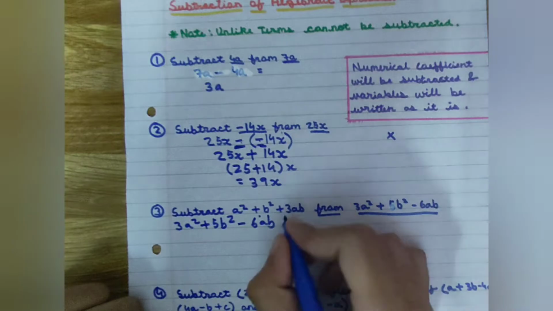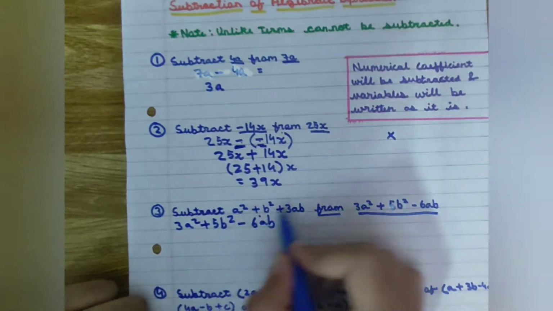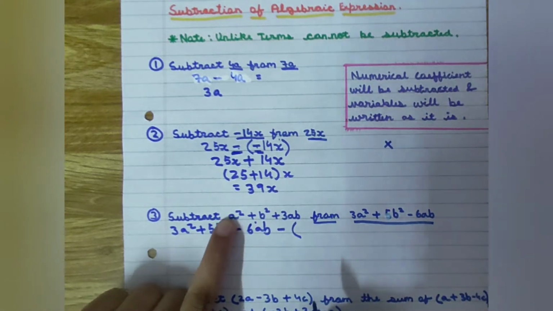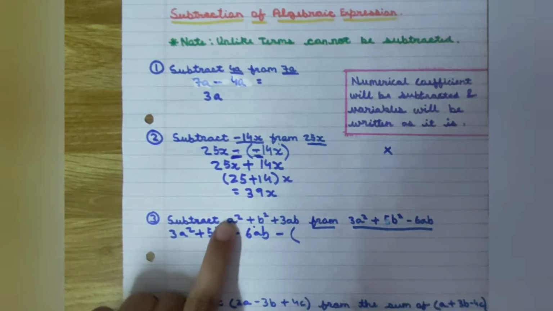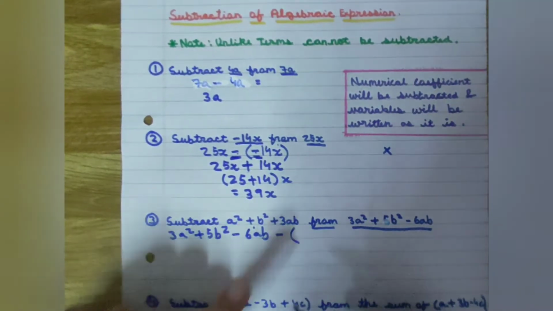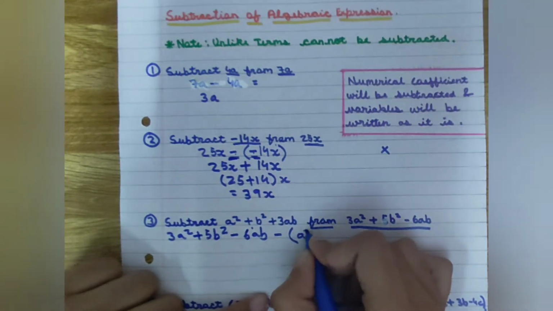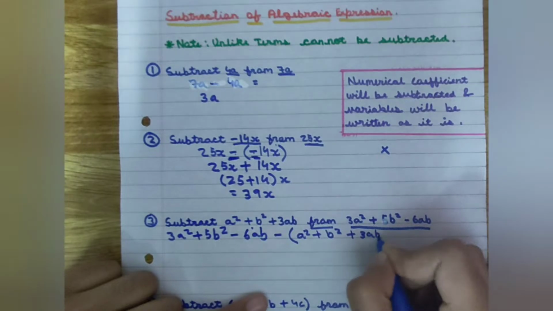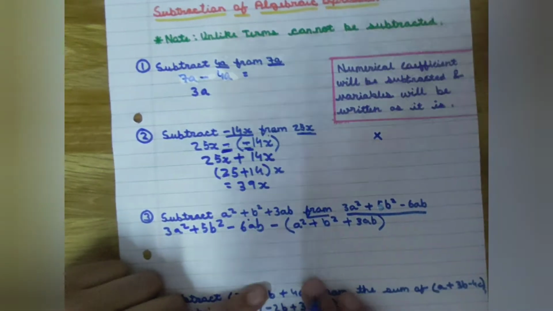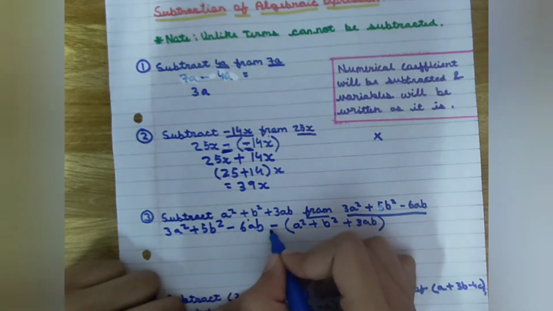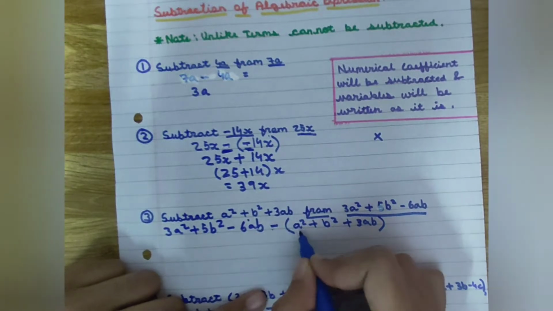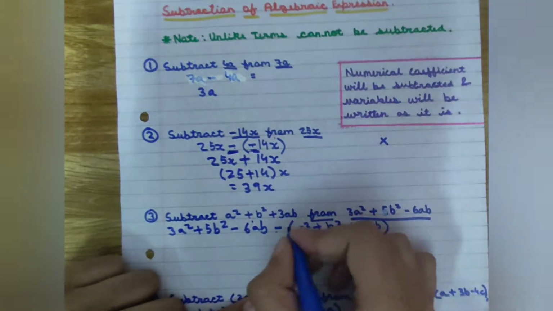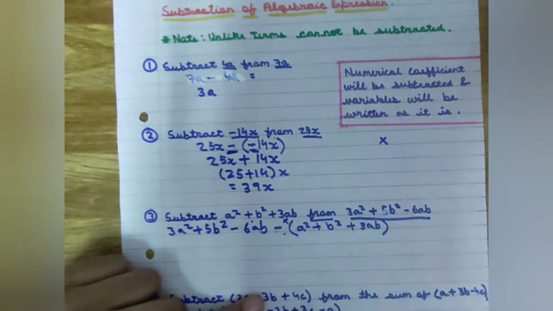This is a subtraction question, so we will write a minus sign here and we will put a bracket here because a square has a plus sign. We don't write the plus sign, but this is actually plus a square. So we put a bracket: a square plus b square plus 3ab. Now this minus sign is getting multiplied with each term in the bracket because whenever there is a bracket it actually means multiplication.